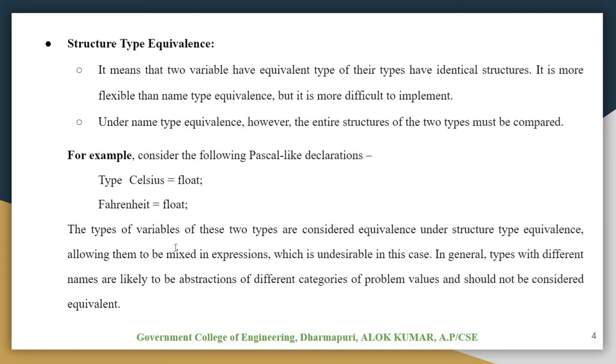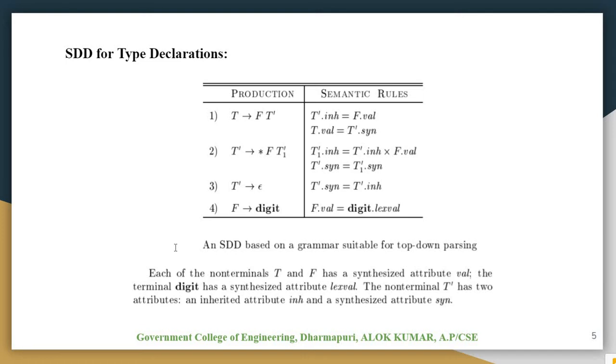Now we will see SDD for type declaration. Here we have one SDD, in which production rules are there and semantic rules are also attached. For this production rule, the semantic rule we write is T'.inh equals F.val.